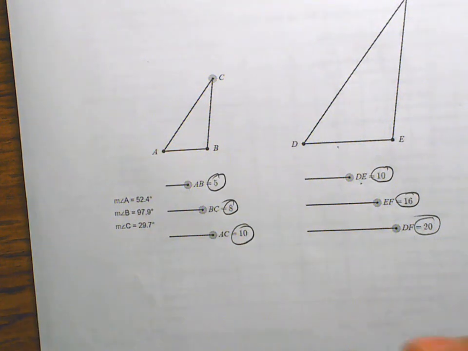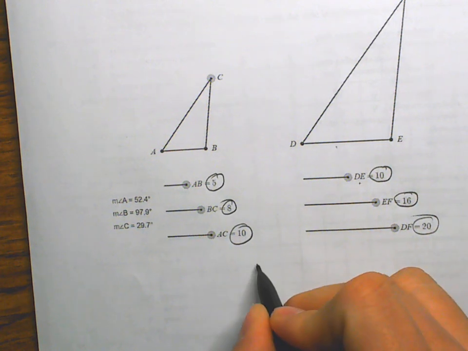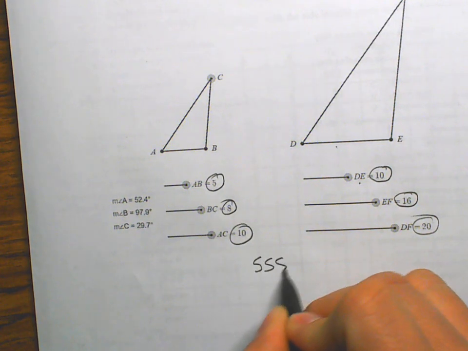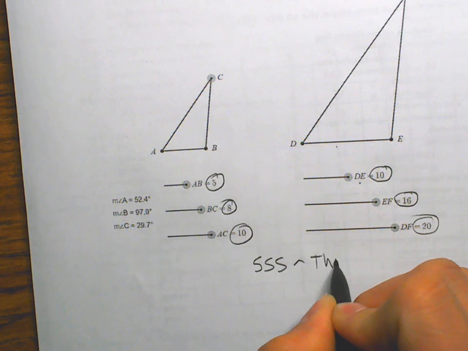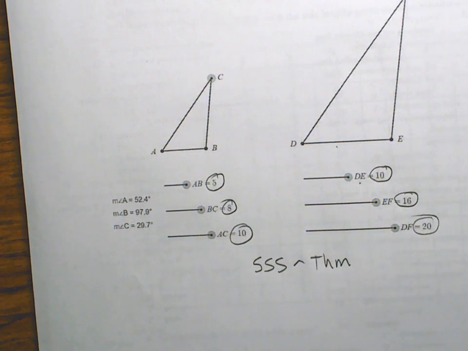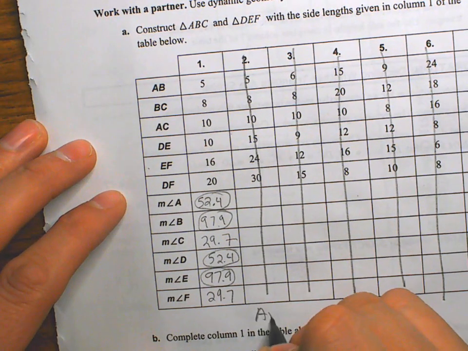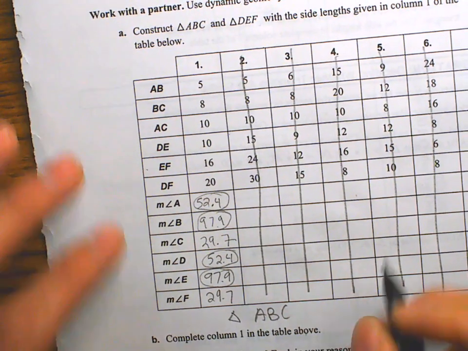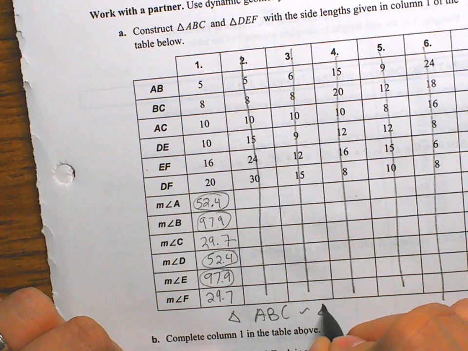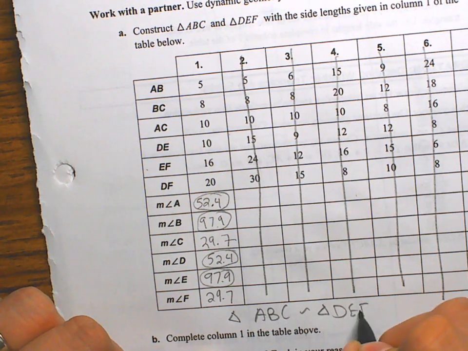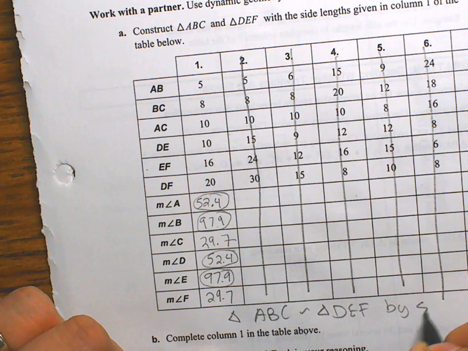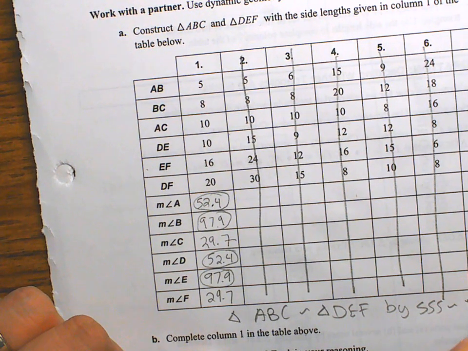So if I can get the three corresponding sides to be proportional, then these triangles are going to be similar by what we call the side-side-side similarity theorem. So we can say that triangle ABC is similar to triangle DEF by the side-side-side similarity theorem.